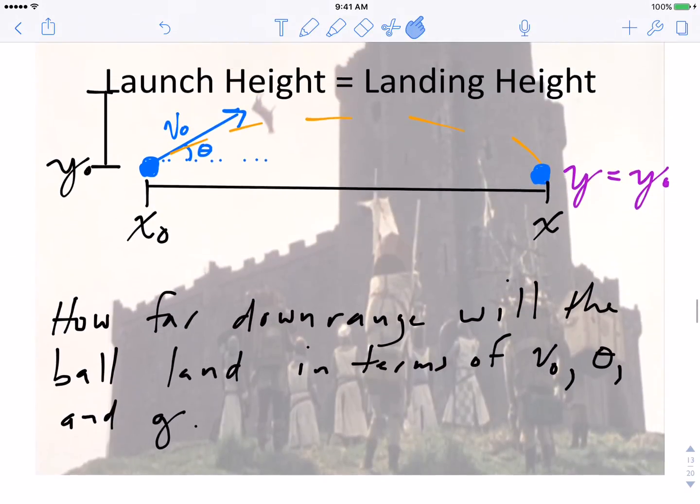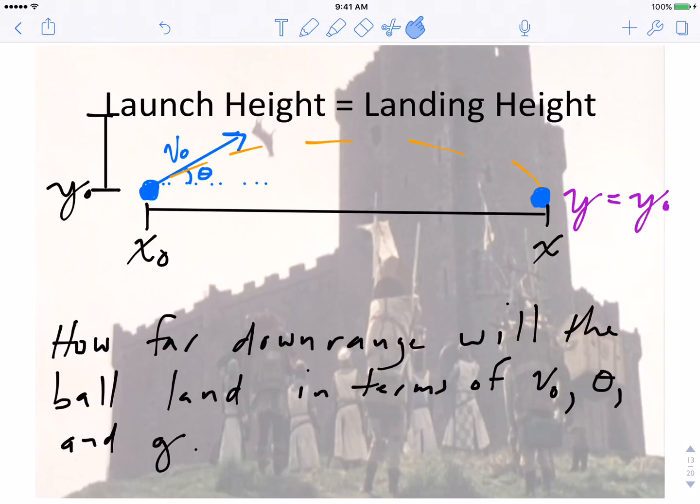What I'm getting at here is you can't just take this initial velocity and say, oh, that's V0x, or oh, that's V0y, because that initial velocity is at a diagonal. It's in between both our x and y axis.